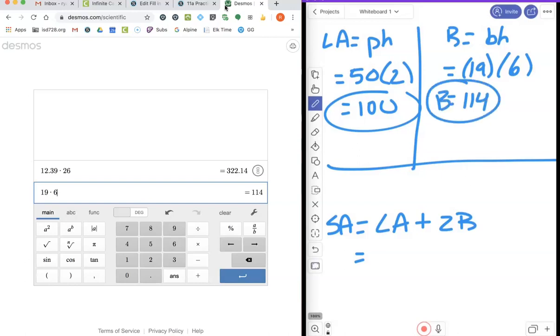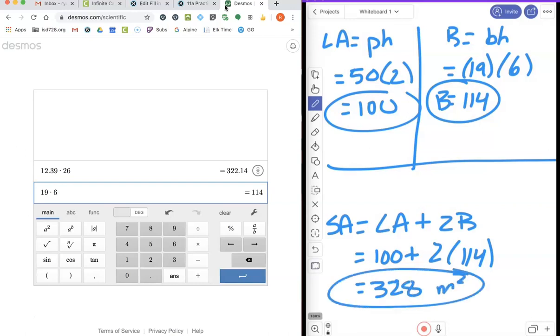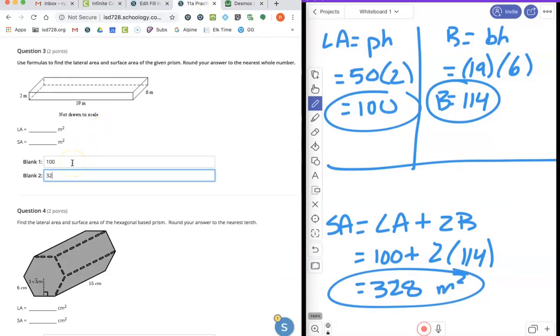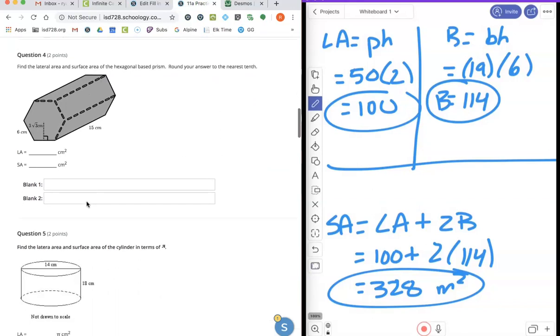We're going to double that 114 for our final answer. So we have 100 plus 2 times 114, since there are two 114s, top and bottom. So that's 100 plus 228, which is 328 square meters for our final answer. So back to the test, 328 should be our final answer. And then let's move on to number 4.